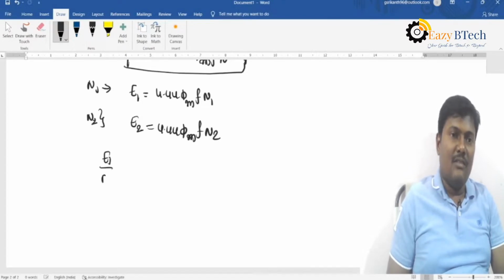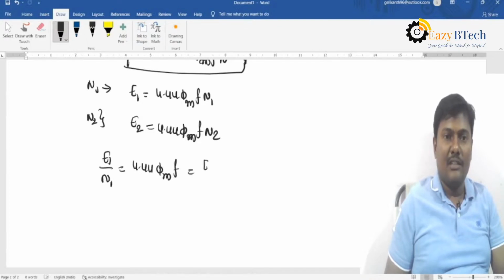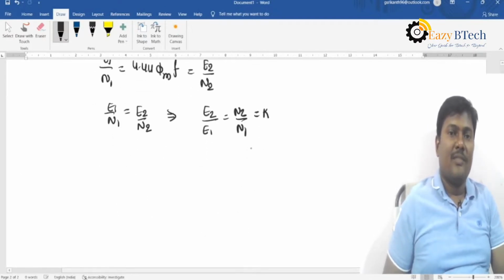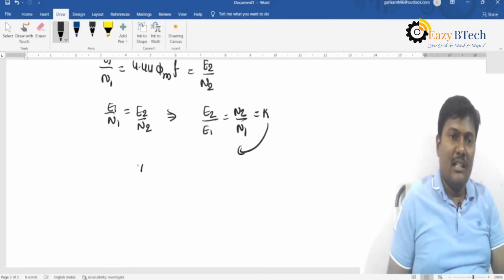Then from this equation, E1 by N1 is equal to 4.44 into phi m into f, that should be equal to E2 divided by N2. E1 by N1 is equal to E2 by N2. From this equation we can write E2 by E1 is equal to N2 by N1, that is K, where K is called the transformation ratio.